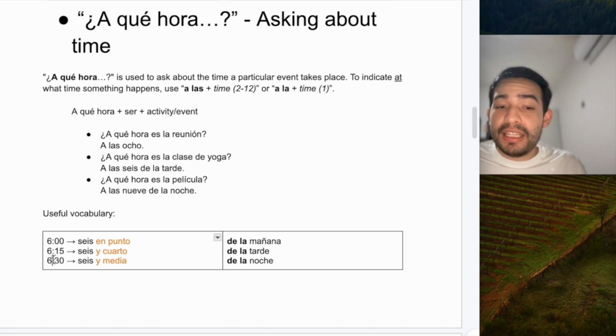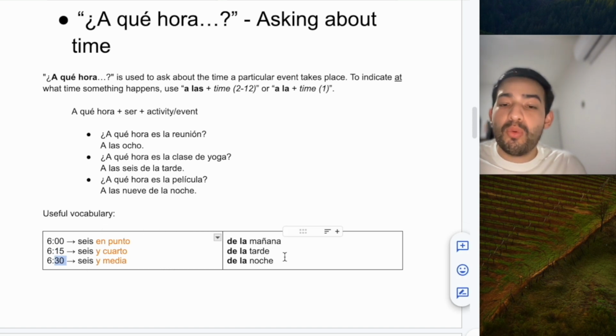Now, if the time ends in 30, then we would say and a half, which is y media. So 6:30 would be 6 y media. Now, this is optional, but just know that people use this a lot. You can also just say 6:15, or 6:30.